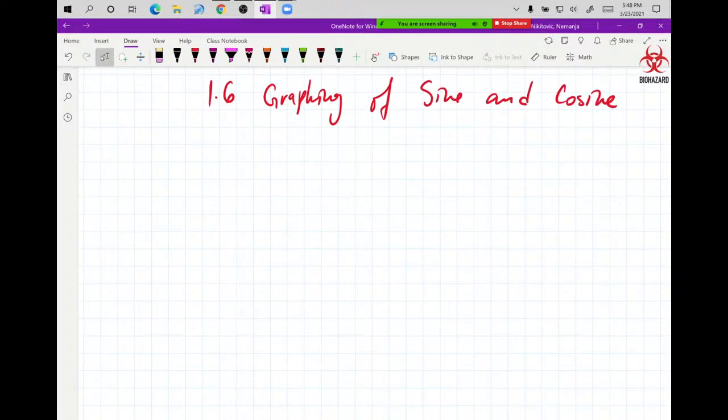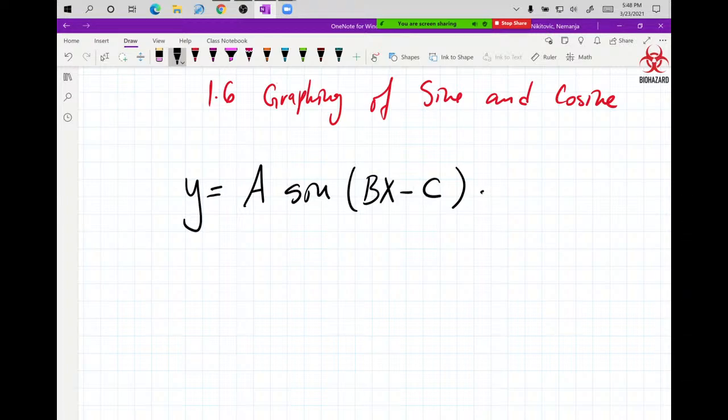Well, we are going to start by writing y equals a sine bx minus c plus d. You can also have a cosine here, sine or cosine, it's the same thing. The same rules apply to both, no matter which one you have. I'm going to box this.